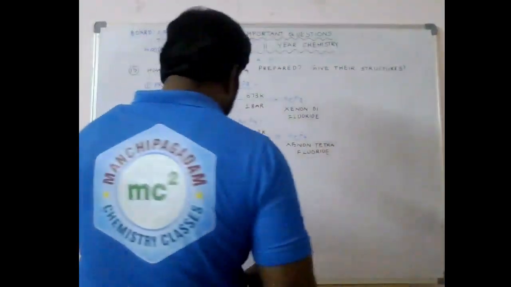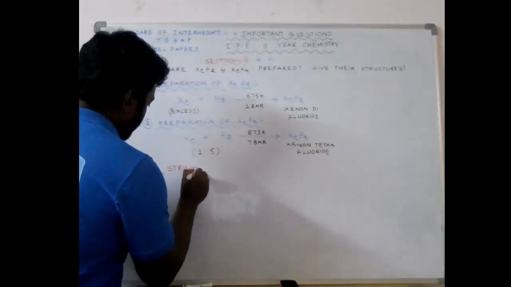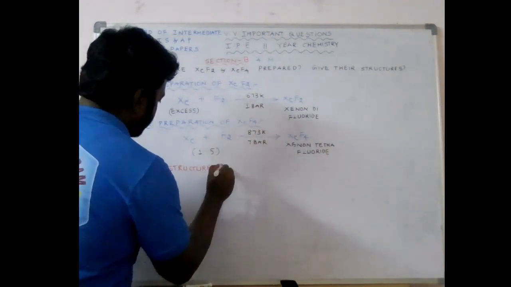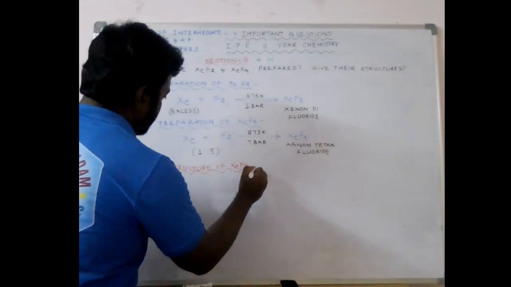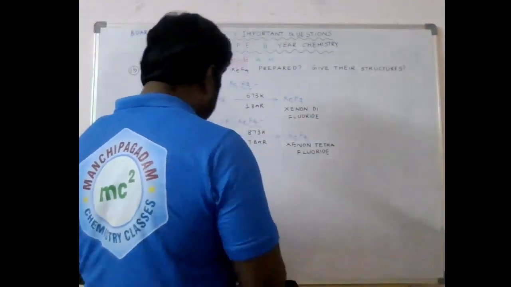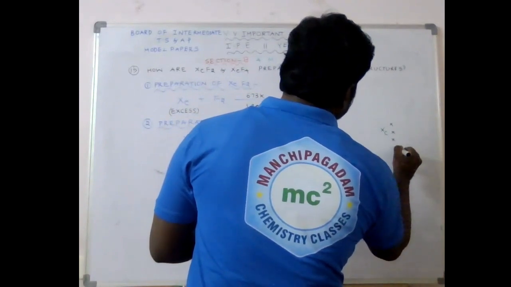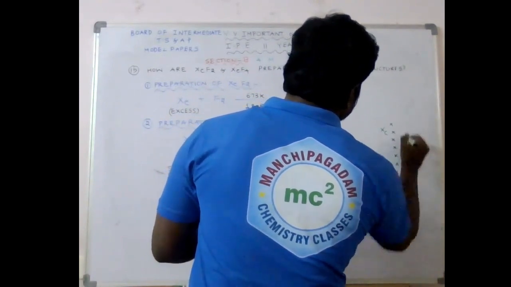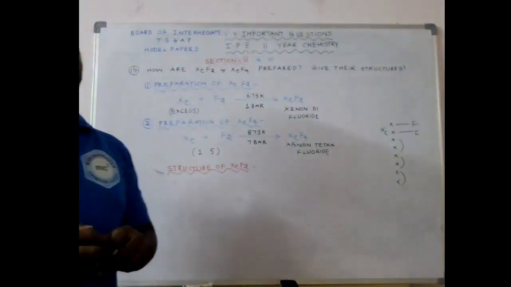Now structures. Structure of XeF2. You have to remember it, otherwise you can work it out like this. Xenon contains 8 valence electrons, and it requires only 2 fluorines. All the remaining are lone pairs of electrons.